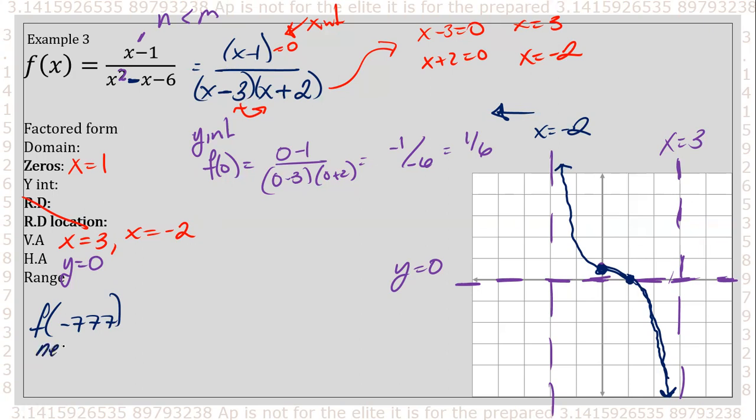Guess what, guys? That's still negative. I don't care what number it is. And then in the denominator, we have negative, right? Because negative 777 minus 3 is still negative. And let's say I add 2, that's still negative. So all of this is a negative over a positive, which is still a negative. So all of this is negative.